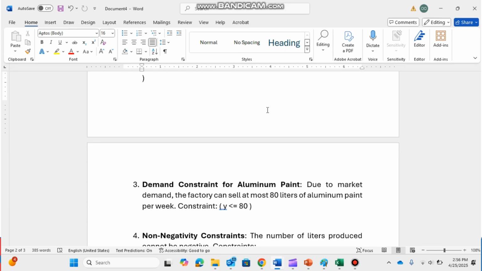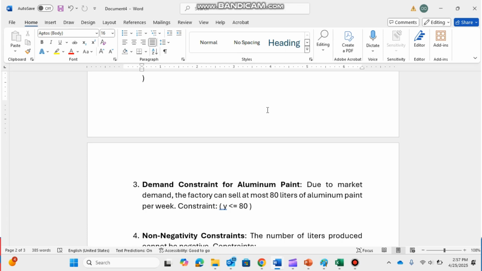So the demand for aluminium paint is 80 per week. It is also expressed by an inequality, saying that y, because y represents, from our decision variables, if you remember, aluminium paint.